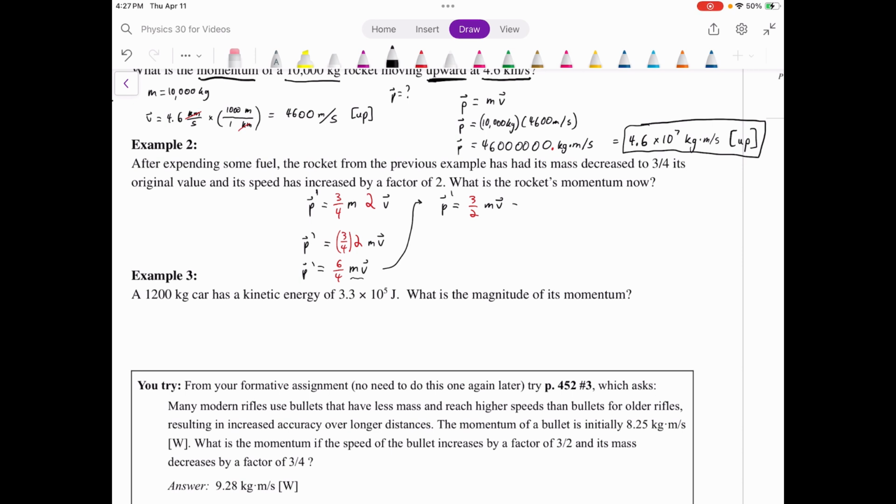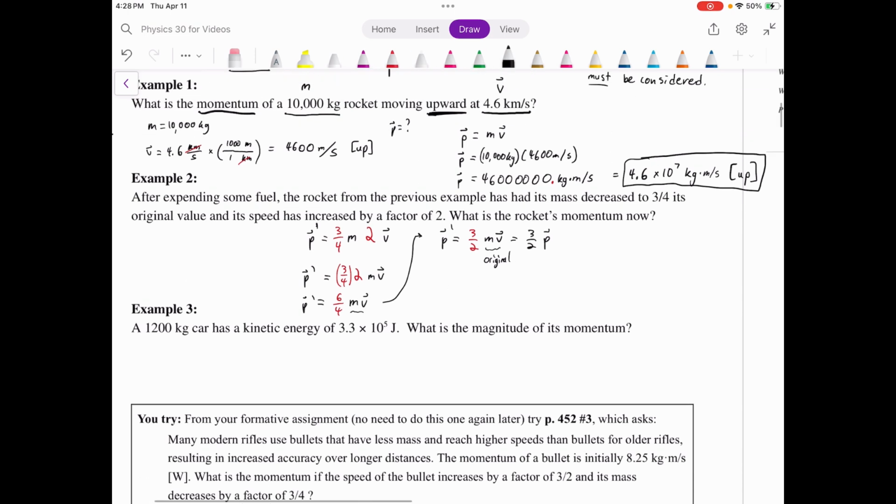So our new momentum is just 3/2 times our original momentum, right? This is just the original momentum. We changed the mass by multiplying it by 3/4, and we changed the velocity by multiplying it by 2. So take our original mass times 3/4, original velocity times 2. That should give us the new momentum, okay?